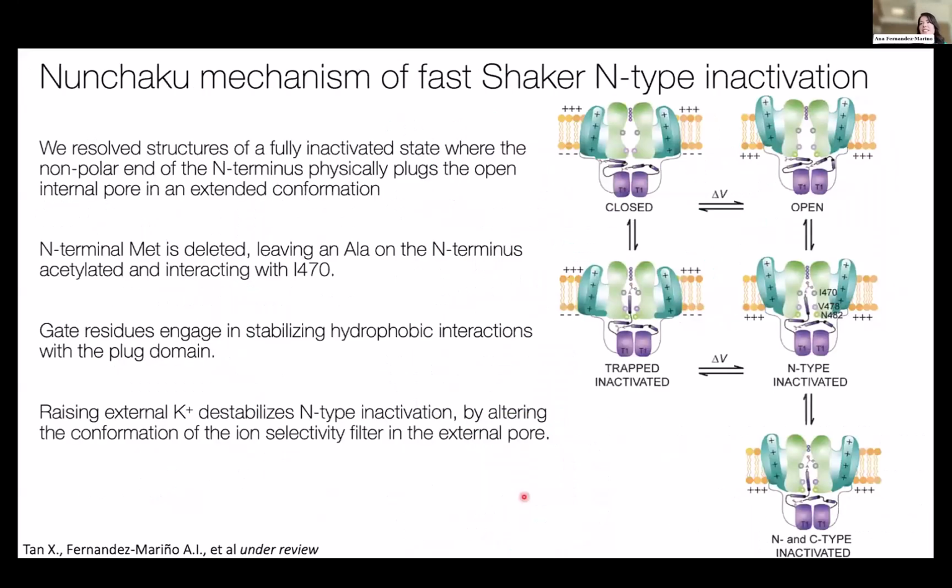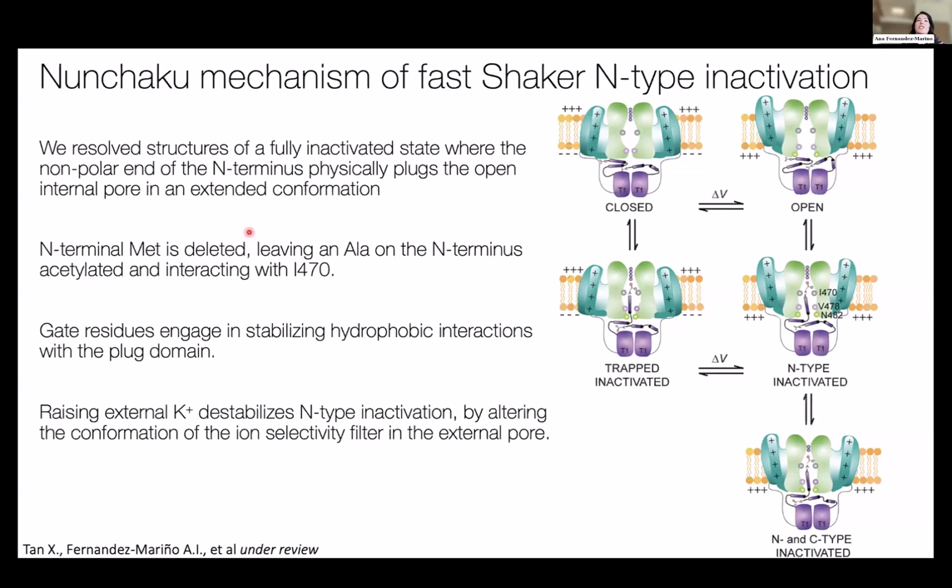And just to finalize, just to give you a little bit of a model that we envision, more a nunchaku mechanism, kind of like the N-terminus sneaking into the gate. We solved several structures with a fully inactivated state, so we could see the non-polar interactions that happen within the gate.